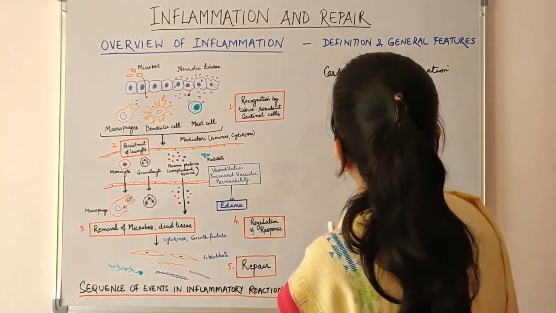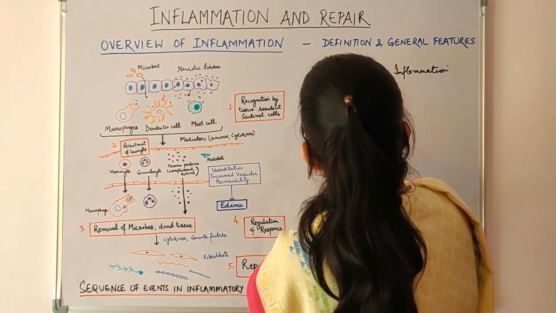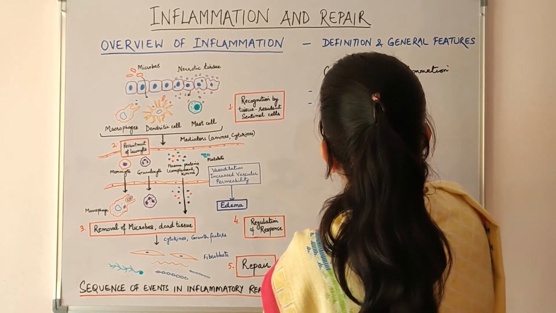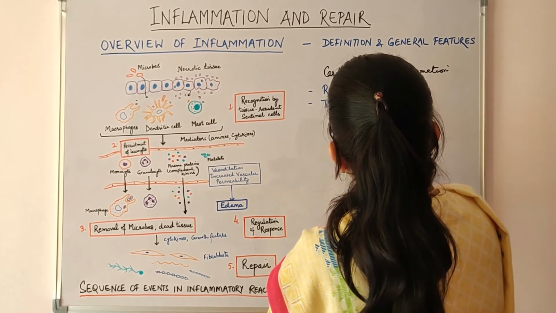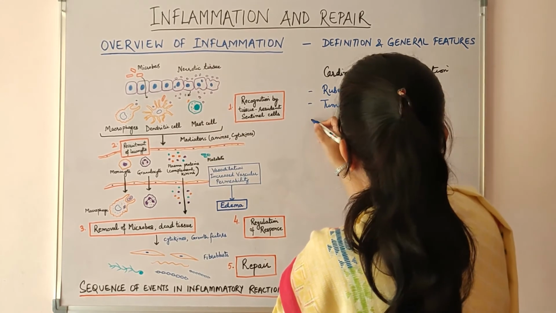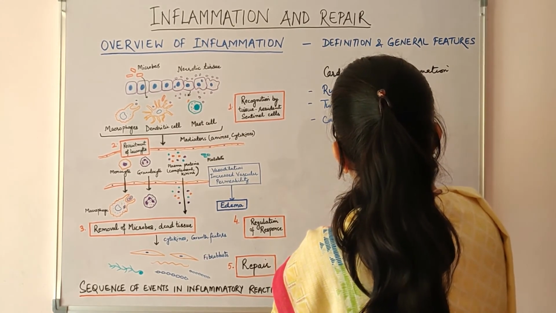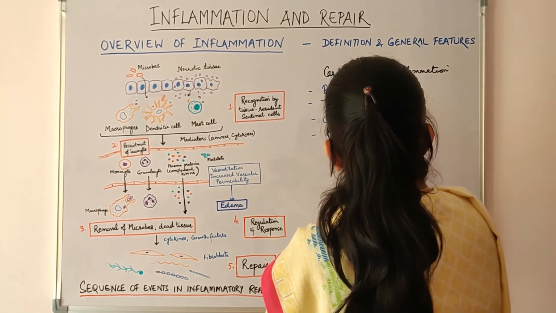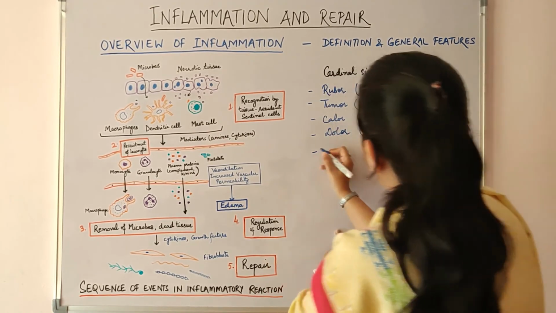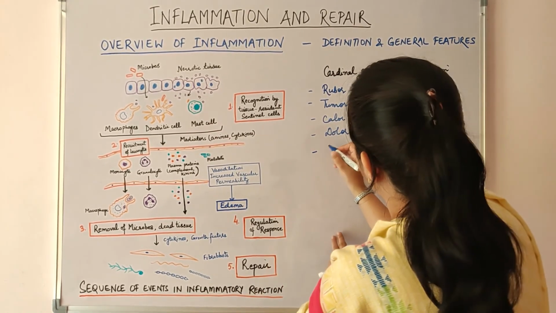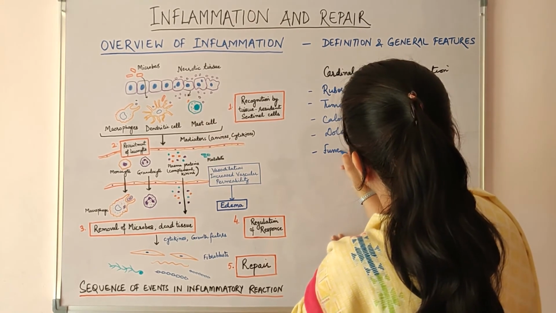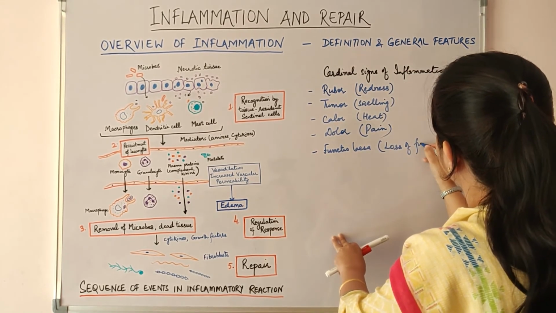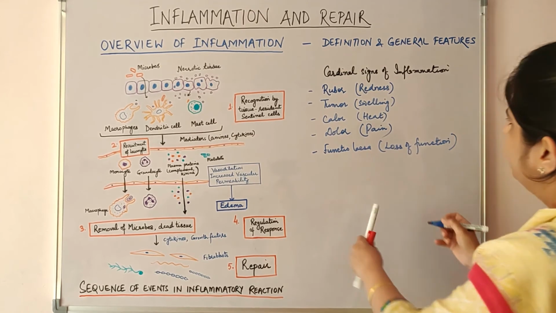These are rubor, redness, tumor, swelling, calor or heat, dolor, pain, and the 5th sign was added by Rudolf Virchow. It is functio laesa or loss of function. So these are the 5 cardinal signs of inflammation.